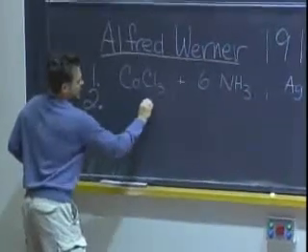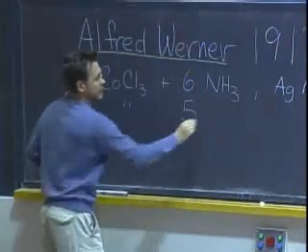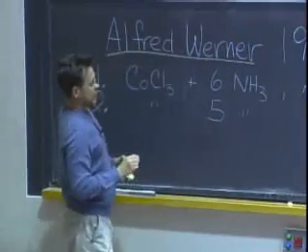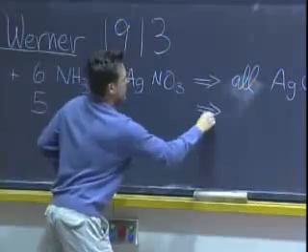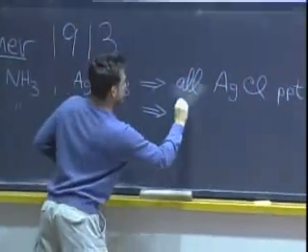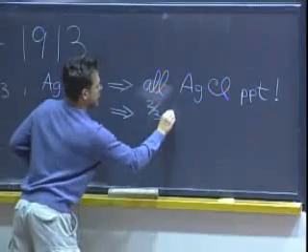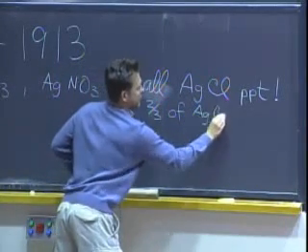And so if he uses cobalt trichloride and less ammonia, namely 5 equivalents of ammonia, then he finds that leads instead to 2/3 of the possible AgCl precipitate.